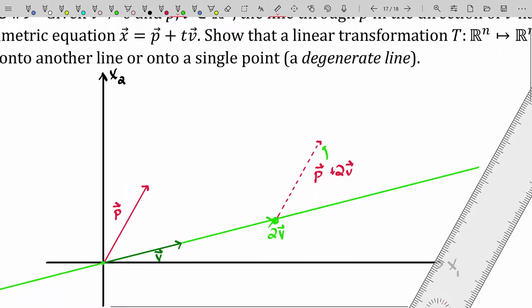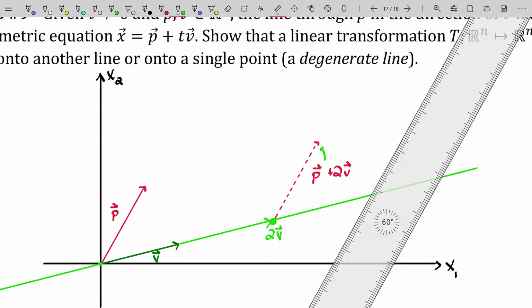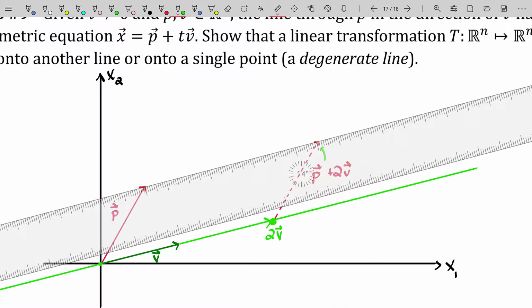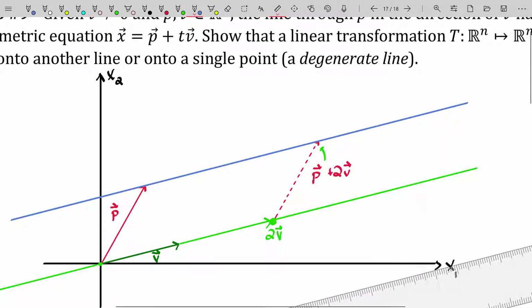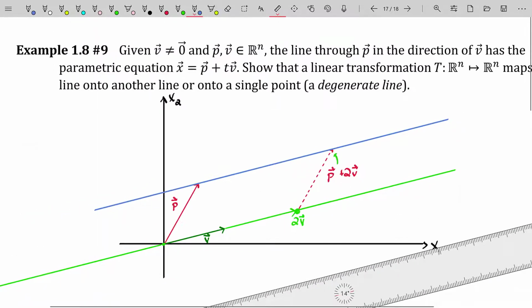And what ends up happening if you start adding any multiple of v to p, you get this line in 2D. It is parallel to v, but it's shifted by an amount equivalent to the vector p. So essentially every point on this blue line is a point represented by p plus tv.